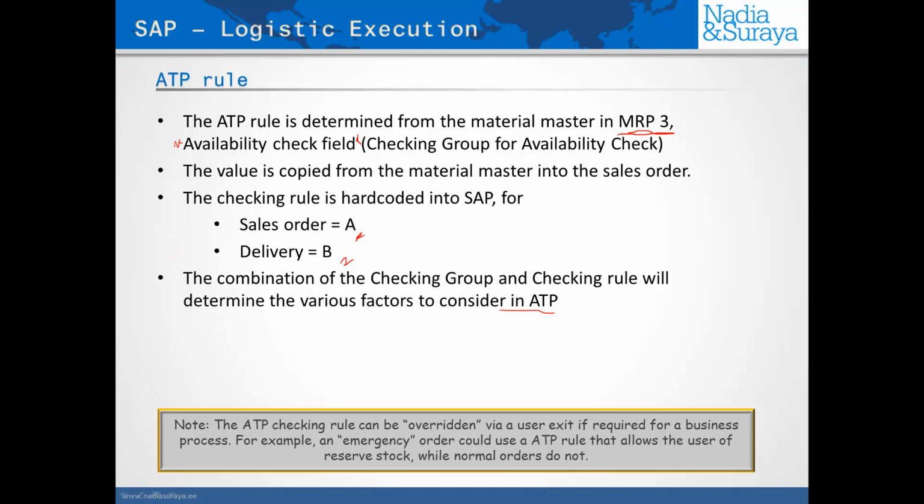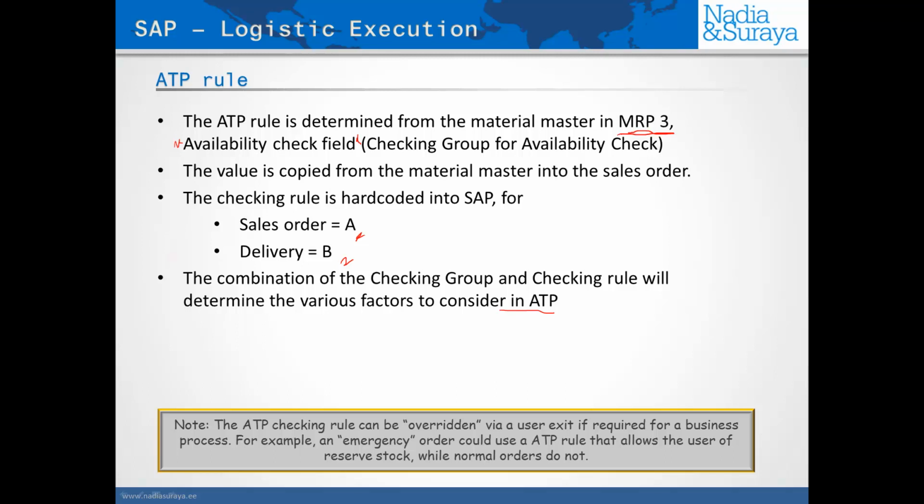To put it in other words, the checking group on the material master and the type of document that you have will determine what is taken into consideration when determining ATP quantity. So for example, if I had a checking group of 01 and my document was a sales order, I might take certain things into consideration.